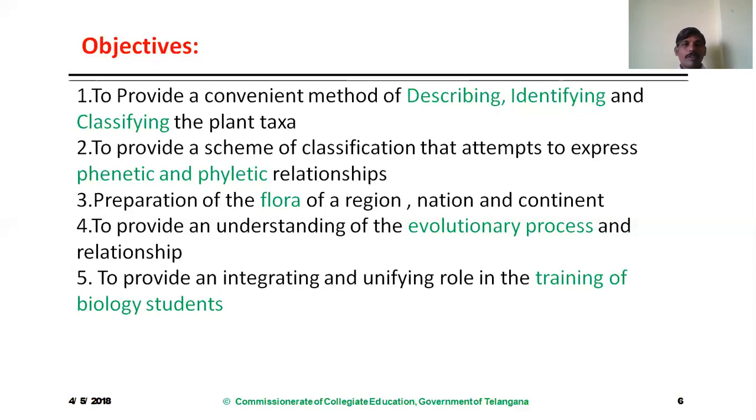In the course of evolution, every biology student needs to know how to integrate plant taxonomy with other subjects, and what is the role of taxonomy in the life sciences.